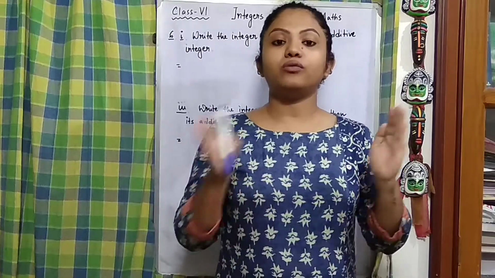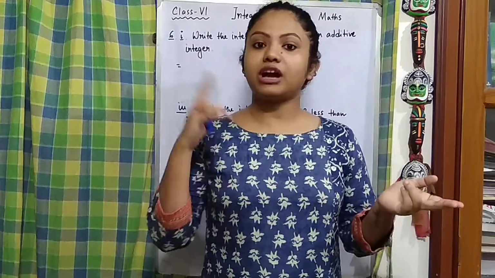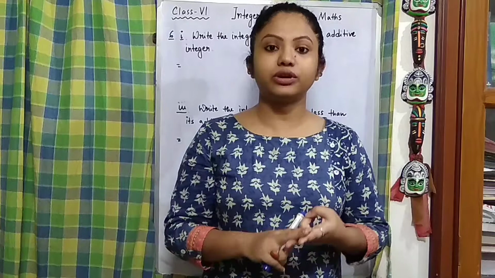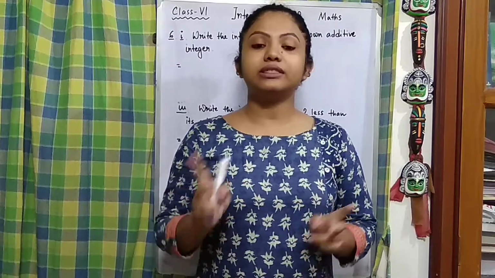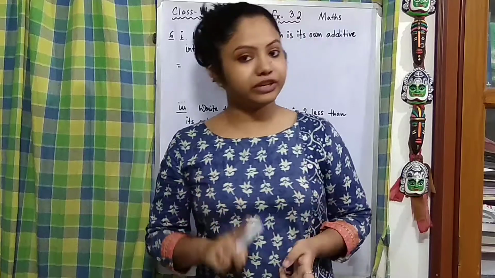So when one positive and one negative number interact together to give a 0, both of those numbers are the additive integers of each other.